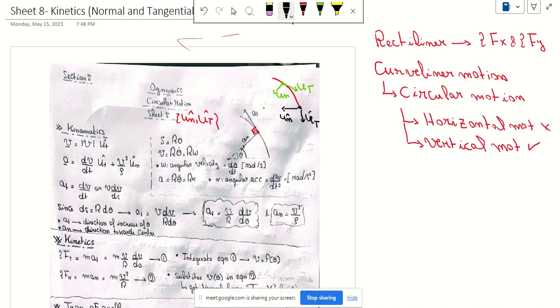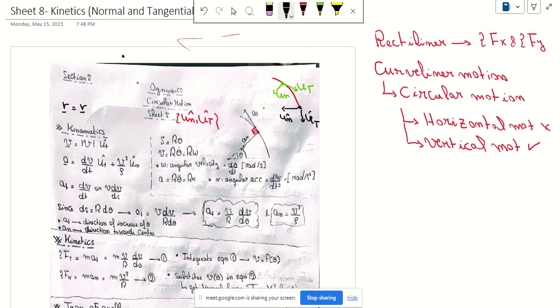You'll find that the origin always coincides with the particle, so we have a moving origin. The first thing we usually introduce in the kinematics is the position vector, which is measured from the origin to the particle.